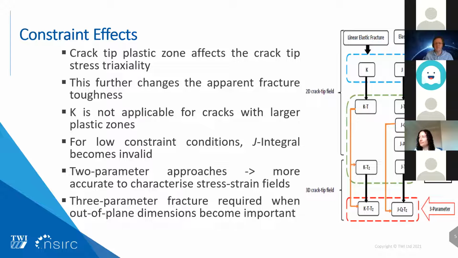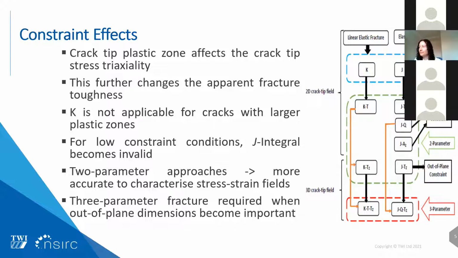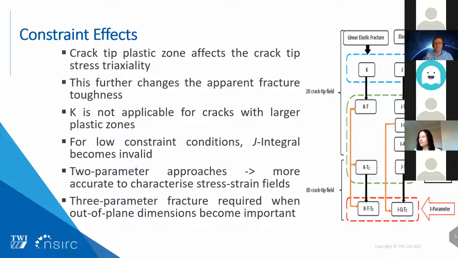Now, these two parameters, the Q parameter and the T stress, have been incorporated in BS 7910 Annex N for constraint assessment using the so-called constraint-based failure assessment diagram methodology to describe the crack tip stress fields for various geometries and loading conditions.